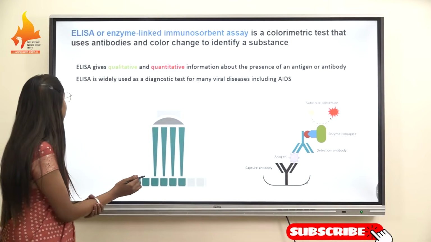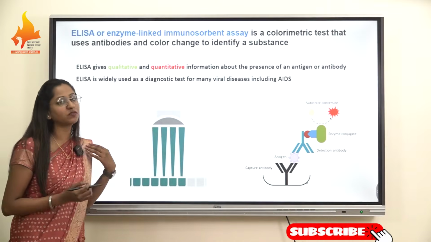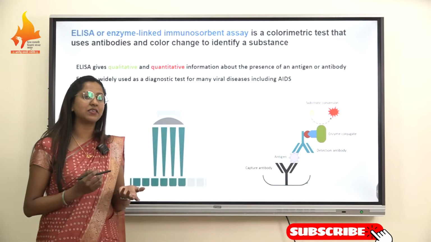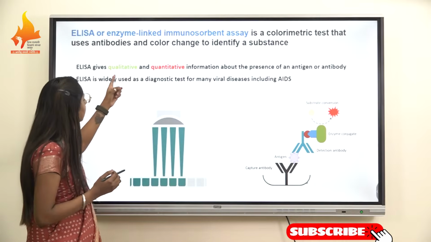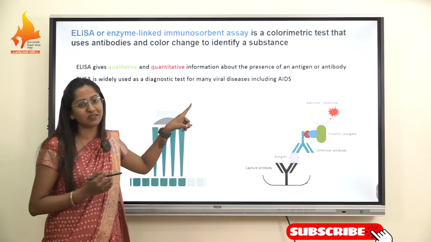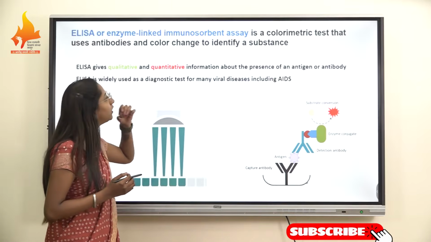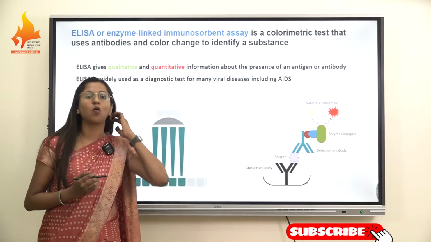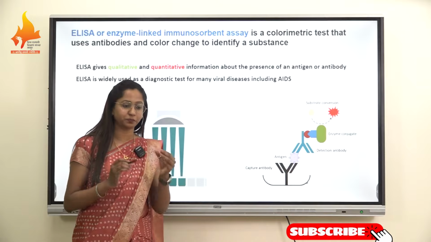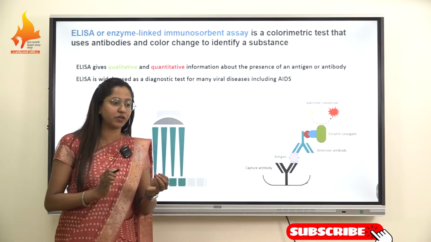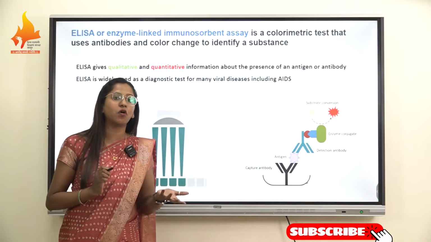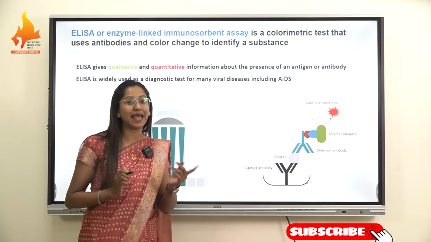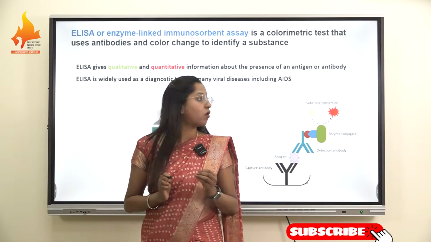So moving to our main content, what are the advantages of this ELISA? ELISA basically has two major advantages. Either it has qualitative estimation analysis, as well as quantitative estimation analysis. Now qualitative means what? Here you are only observing whether a particular antigen is present inside a body or not, or whether an antibody is present inside a body or not.